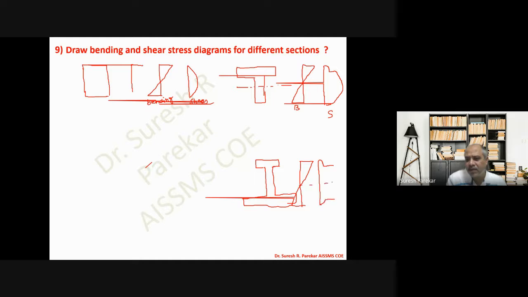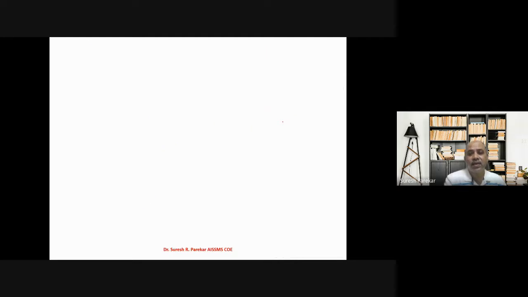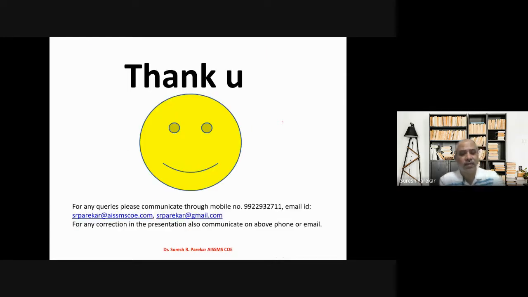And then maximum we have at the neutral axis. This is the shear stress diagram. This is bending. So the bending stress diagram, you can see, is the same for all sections. But the shear stress diagram changes as the cross section changes. And so these are the questions related to bending stress and shear stress diagram.